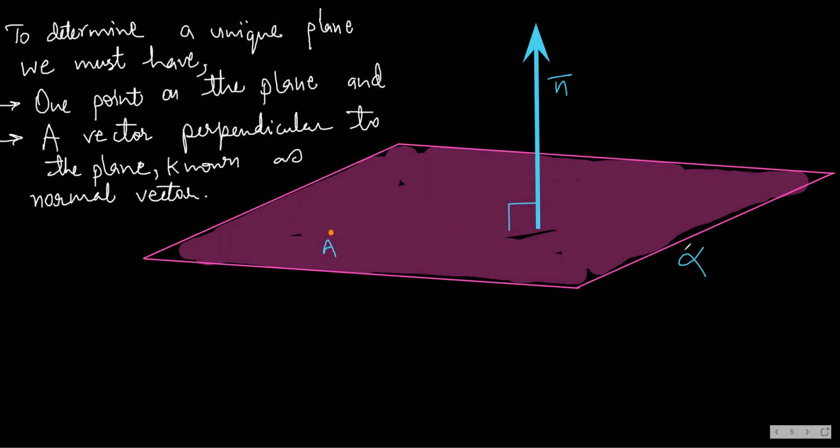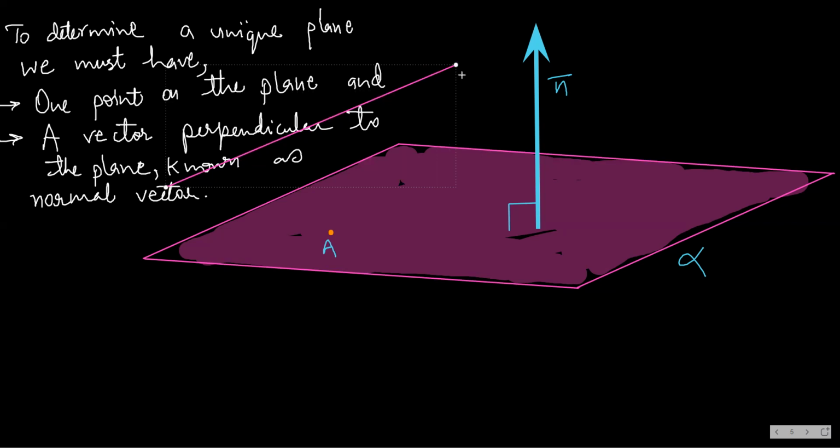For example, suppose I am not given the point from where the plane is passing. What would happen? Then I could have infinite numbers of planes.